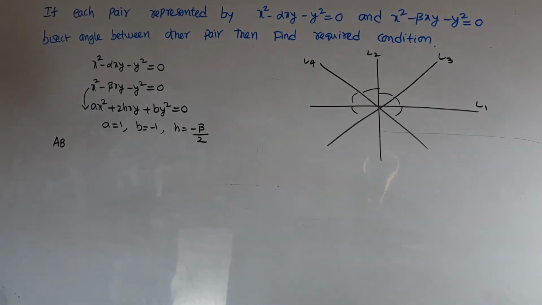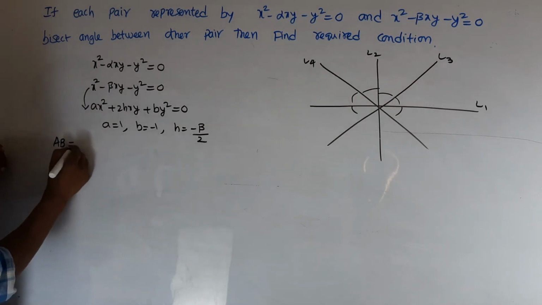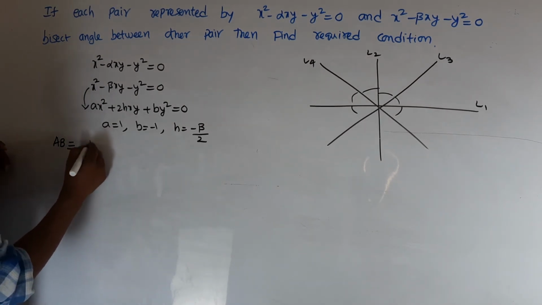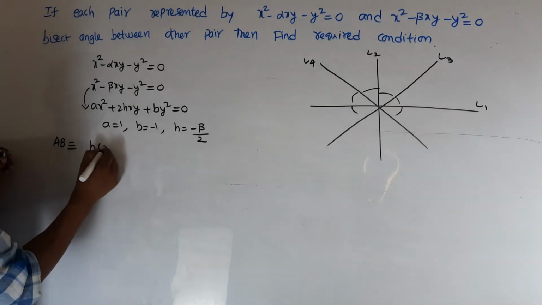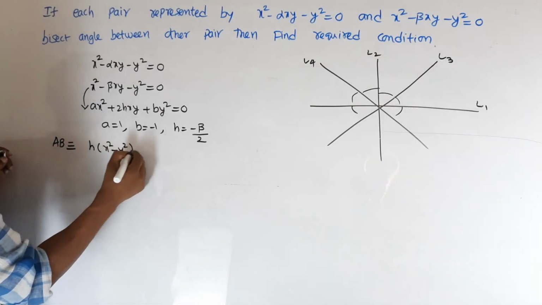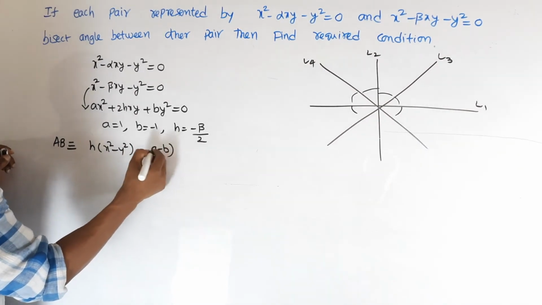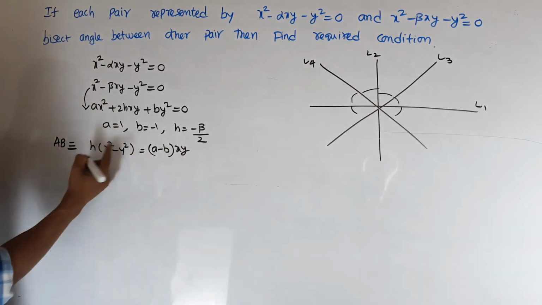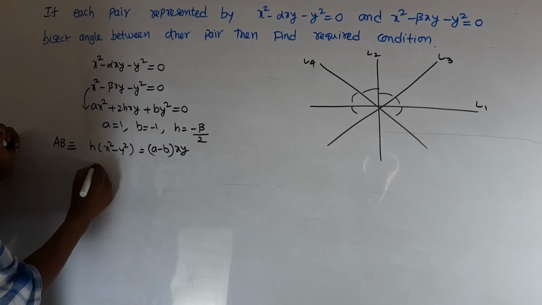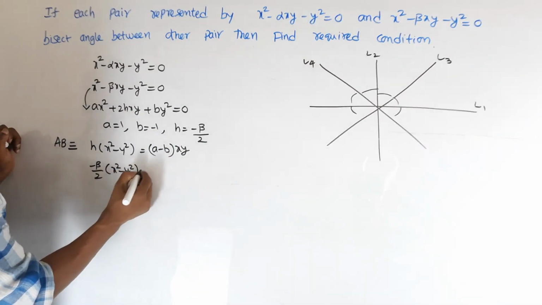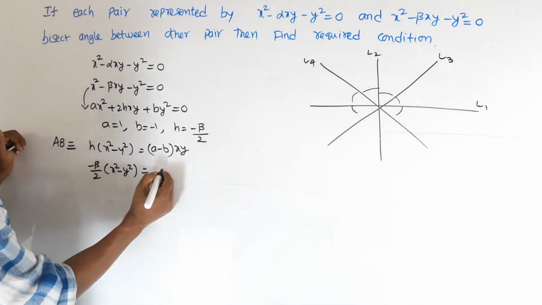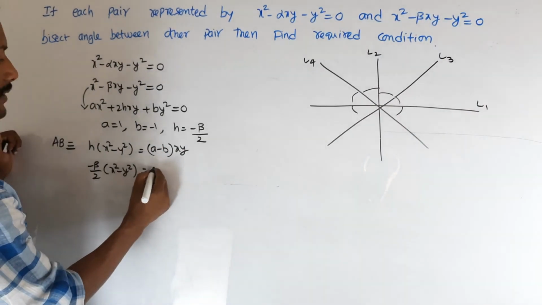What is the angular bisector equation? h into x square minus y square equal to a minus b into xy. Here h equal to minus beta by 2, so minus beta by 2 into x square minus y square. Now a minus b is 1 minus of minus 1 plus 2, 2xy.